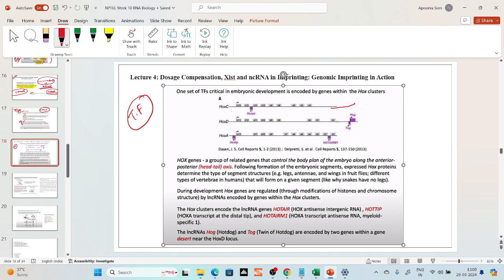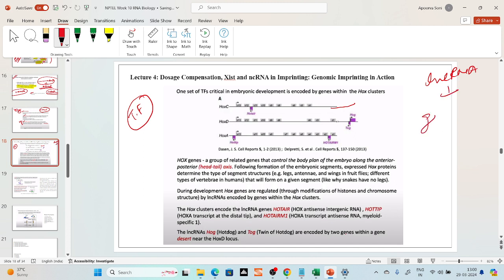And remember that we are studying the example of long non-coding RNA in genomic imprinting, and this is one of the examples. So this Hox gene is required for the body plan, for head to tail formation.